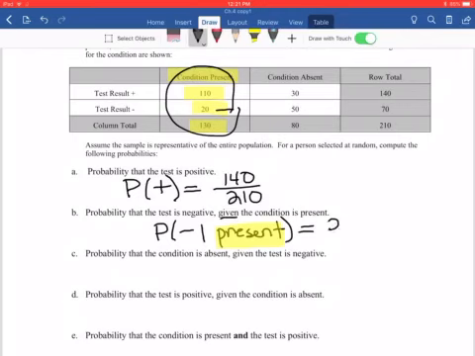You're right, that's 20. So it's 20 out of 130 patients. And that's my conditional probability. So with conditional probabilities, again, you look at the word that's given and see if it's a column or a row. Okay?